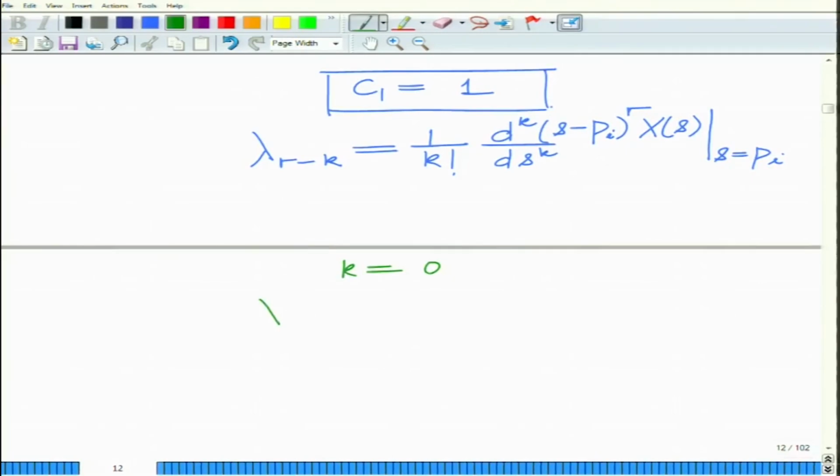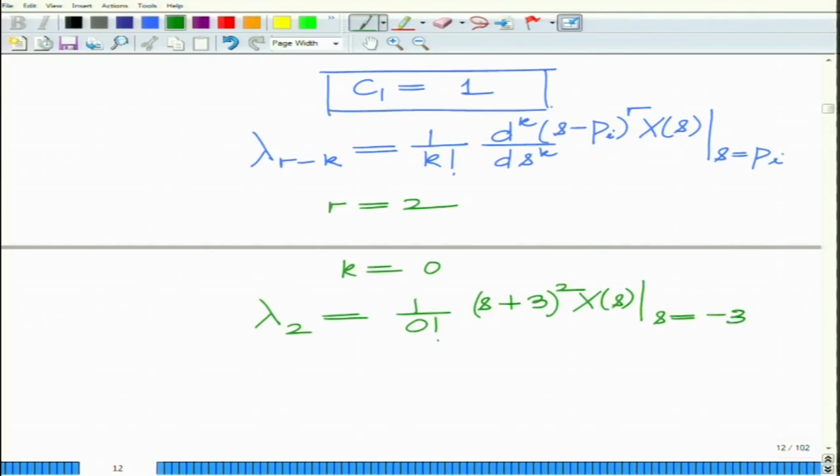Okay. Now, first let us set k equal to 0. If k equals 0, we have lambda r, and remember we have r equals 2. So lambda 2 can be evaluated as 1 over 0 factorial times the zeroth derivative, so there is no derivative, of (s plus 3) whole square times X(s) evaluated at s equal to minus 3; 0 factorial is 1.